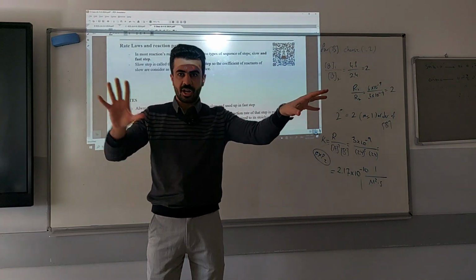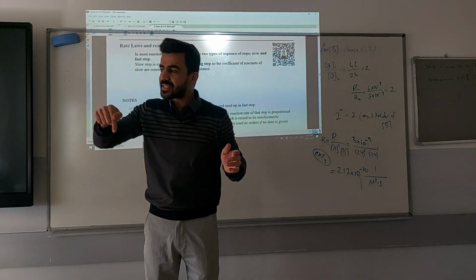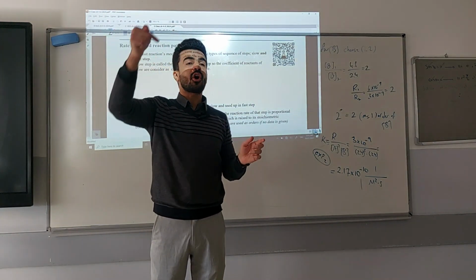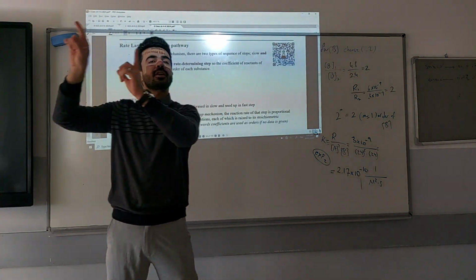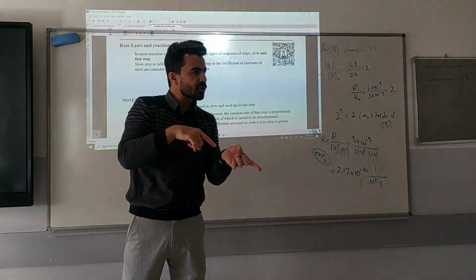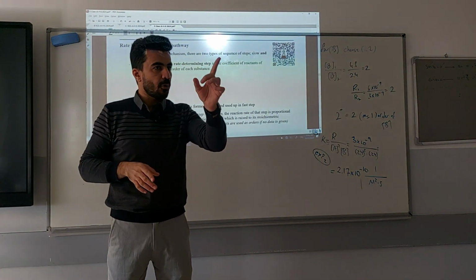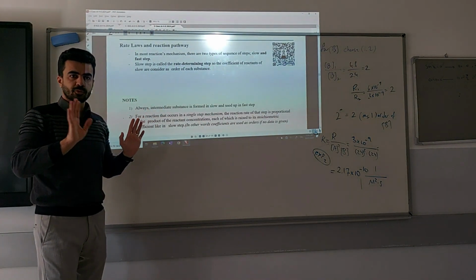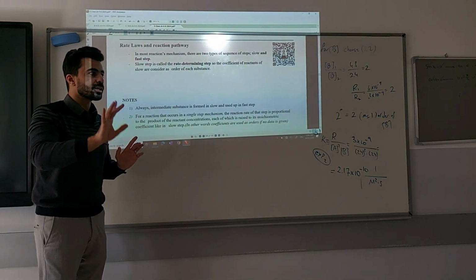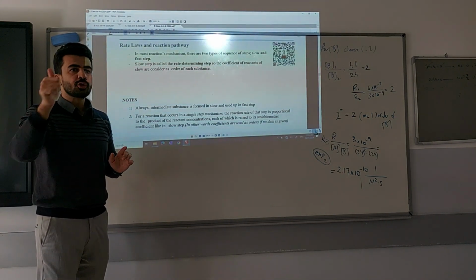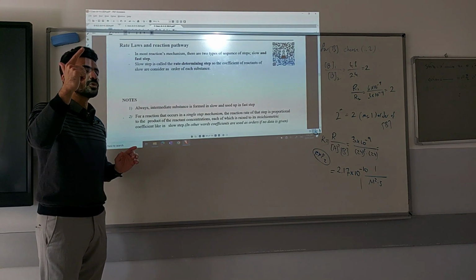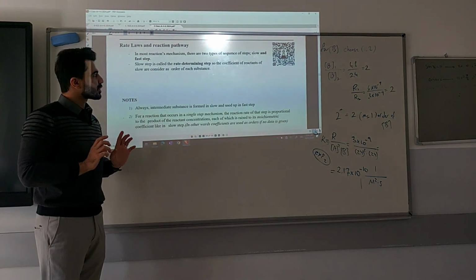We said coefficient and order are different. But this time we say the coefficient of the slow step is the order. So if you have the coefficient of the slow step, you can find the order of the reactants. For what? For the slow step, not for the fast, not for the net, only for slow.